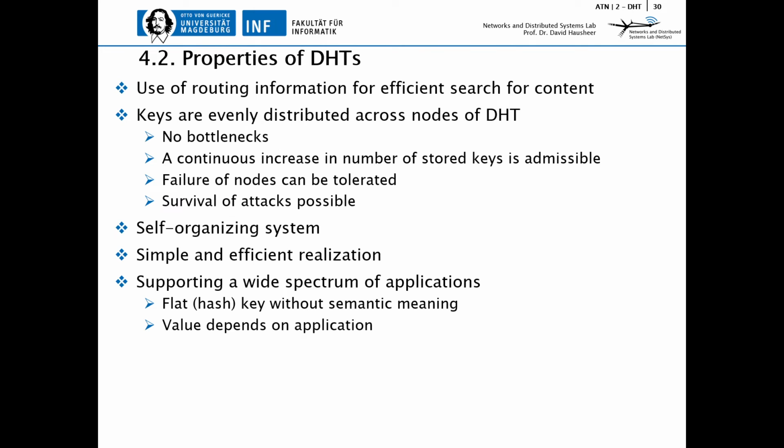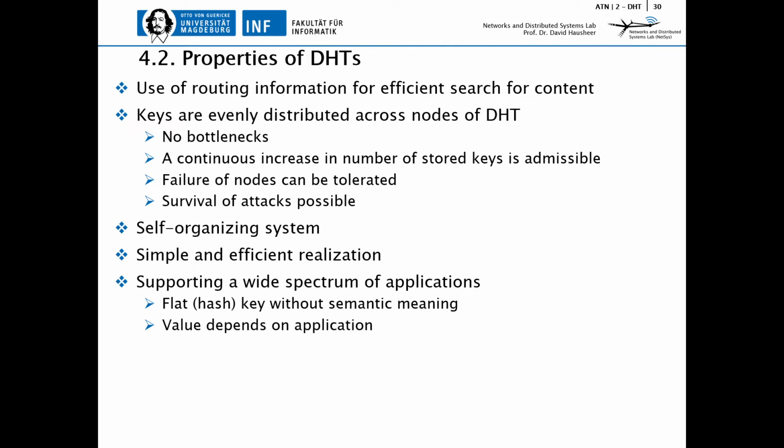Now, summarizing the properties of DHTs, we basically use routing information that is stored in any of the intermediate nodes to efficiently search for content through a large network. And we define keys that are associated with the particular data items that ideally are evenly distributed across the nodes of the distributed hash table.